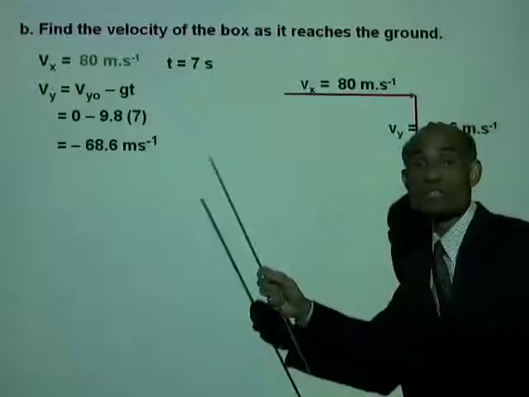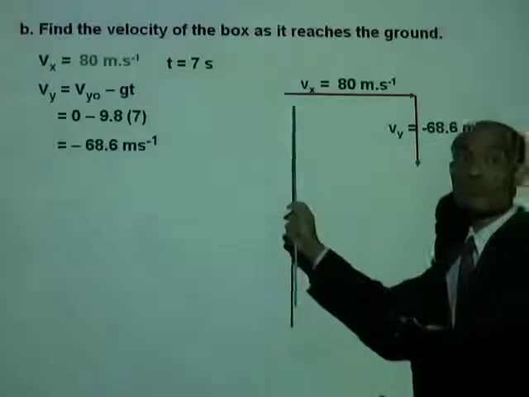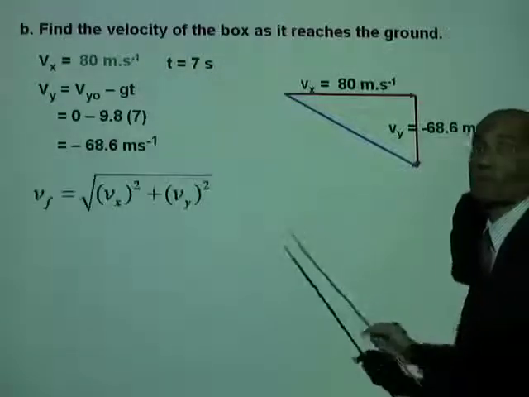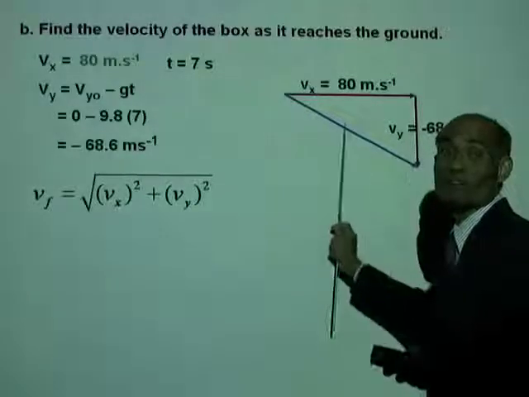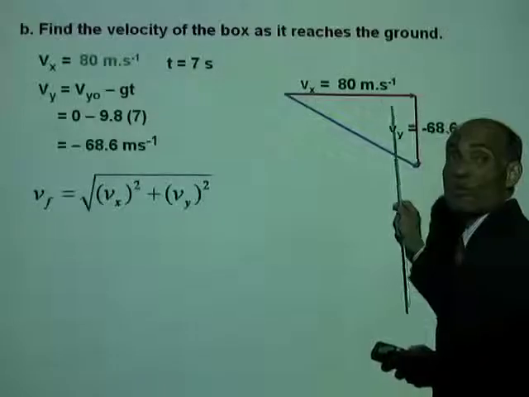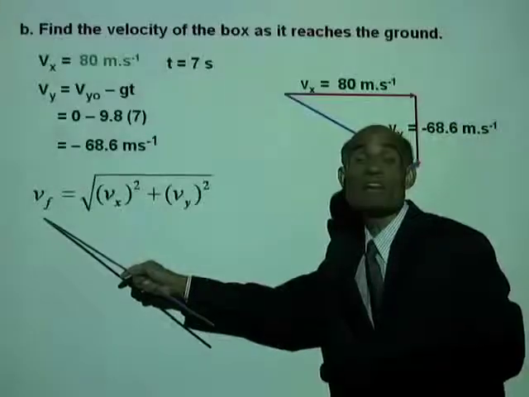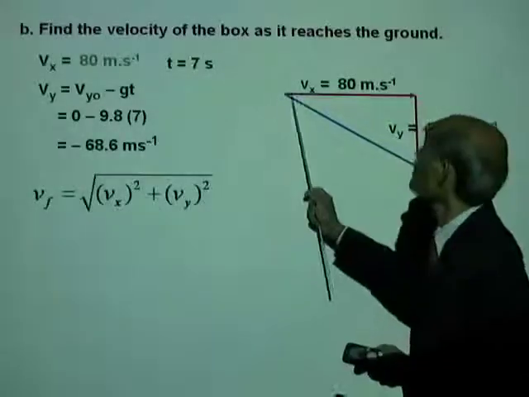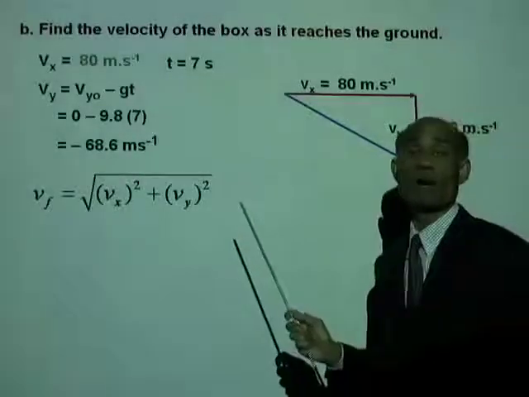Therefore, the resultant velocity will be this vector, and we are supposed to find that vector. This is what we need to find. And what is the magnitude of this vector? The magnitude is the square root of Vx squared plus Vy squared.